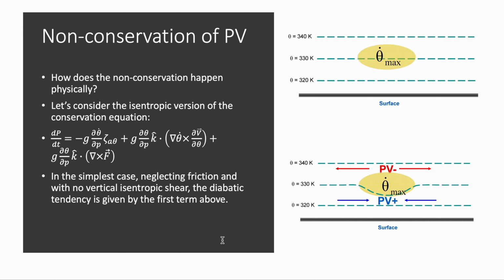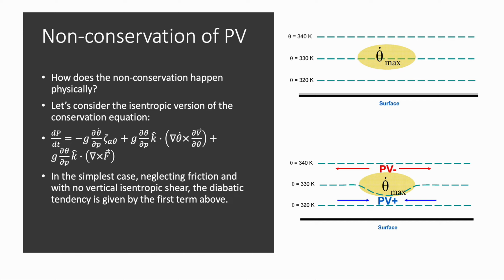So let's try and get a sense of why and how these maxima are generated, and let's for a moment assume that the non-conservation is due to diabatic processes. Friction is always a little trickier, and maybe sometimes a little less intuitive than diabatic processes.